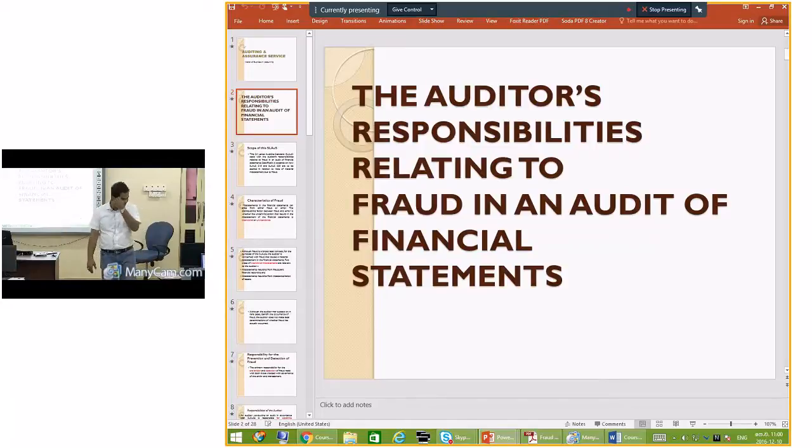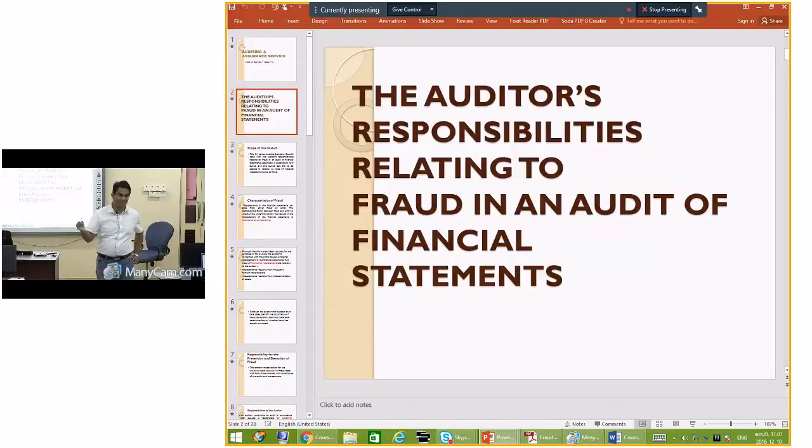That's why in practice, forensic accountants are paid huge amounts as professional fees. Forensic accountants are there to detect the frauds. Not only that, they want to detect whether there is a fraud or not. That's one aspect. And they give the evidence.